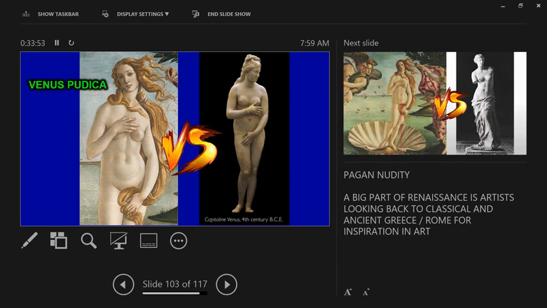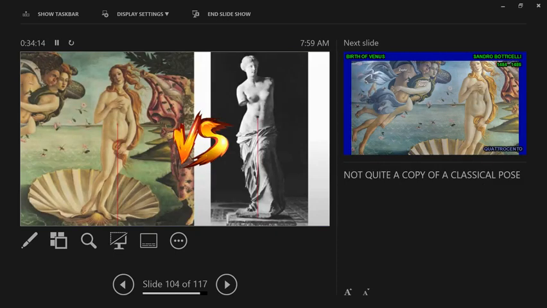But what really helped him is that this is pagan nudity. This is not a person from the Bible. It's not a Christian story. It's a pagan story. So for those pagans, it's okay for them to be nude. So that's kind of how he got out of being in serious trouble.